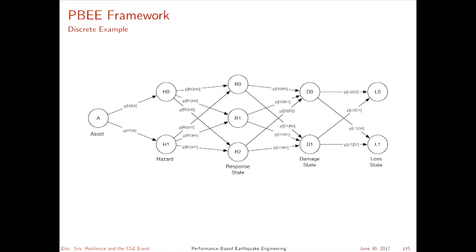In our case, though, let's say loss state 0 is that I haven't lost anything; the substation has full capacity. And loss state 1 is I've lost all capacity. It's completely gone. So if that was the case, then 1 would go here to here, 0 would go here to here, 0 would go here to here, and 1 would go here to here. So for that damage to loss step, there's a degree of freedom in how you set that up. Hopefully it'll make a little more sense when we go through this example.